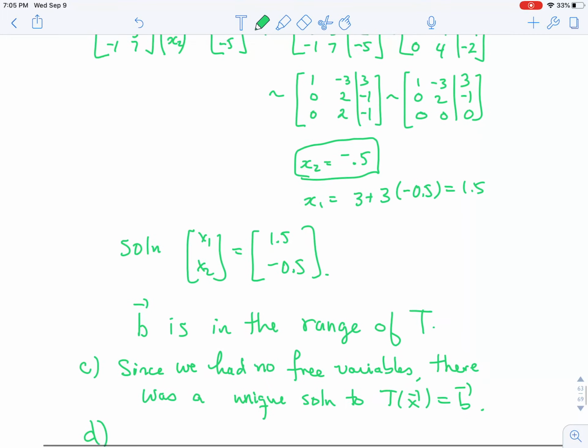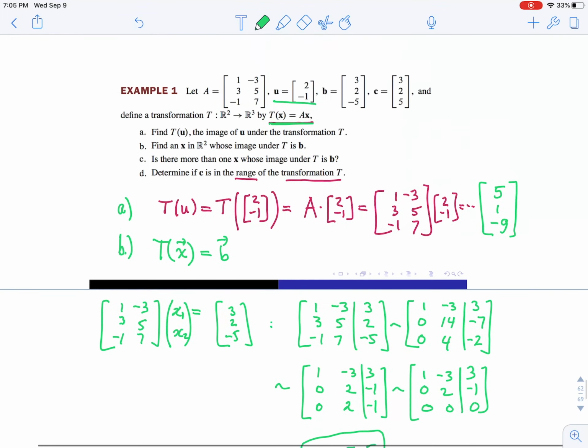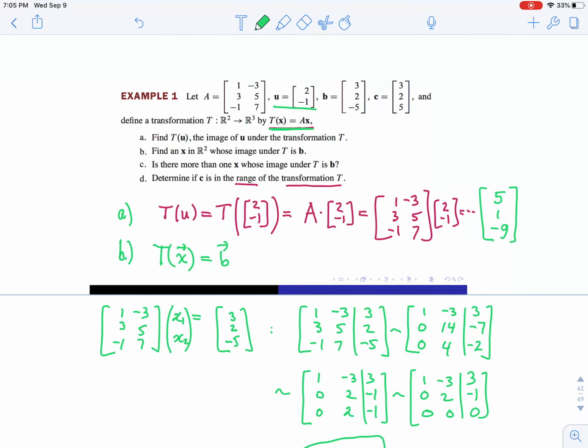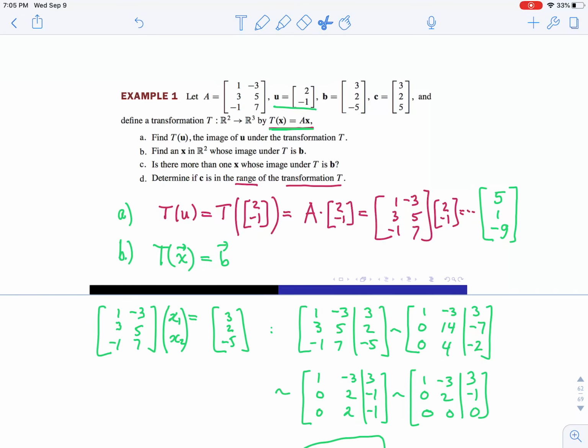And so for the last part of the question, let's just zoom up and see what it is. It says determine if C is in the range of the transformation T. So C is the vector 3, 2, 5. Literally what I'm going to do is copy this equation that I've written down here. The only thing that's different between B and C is that one is -5 and one is +5.